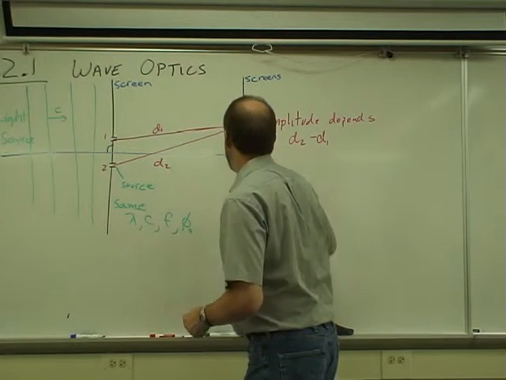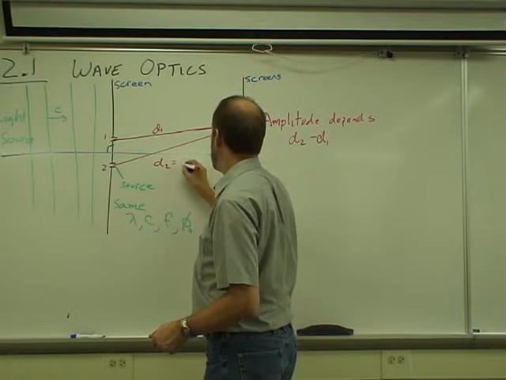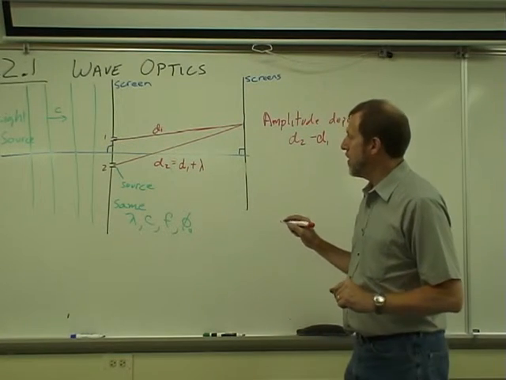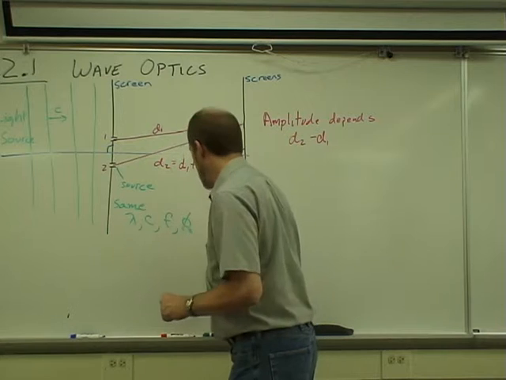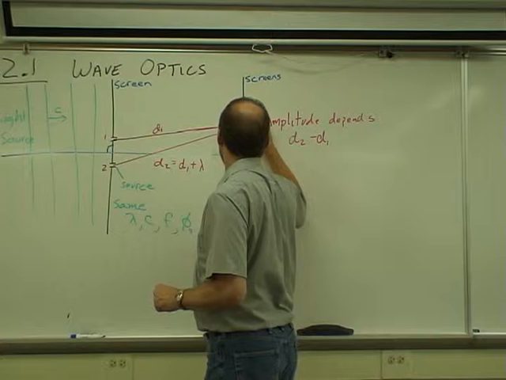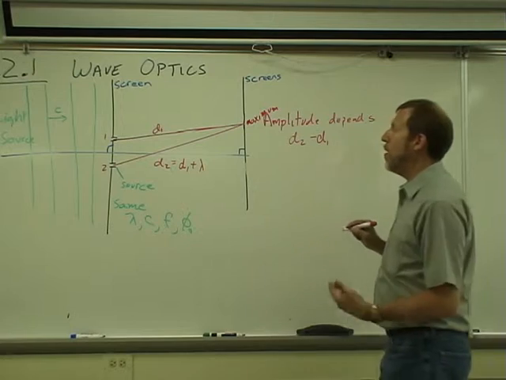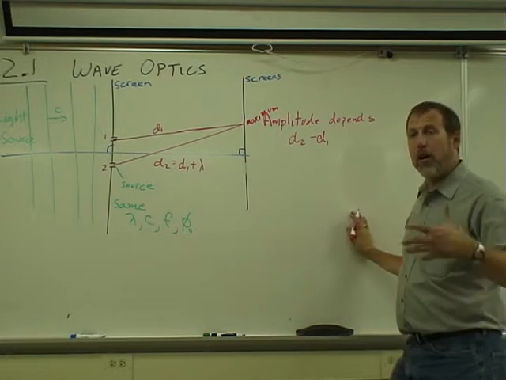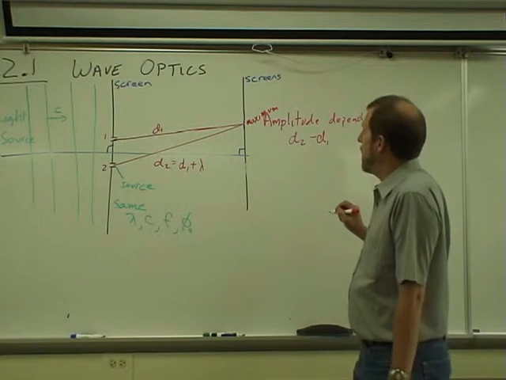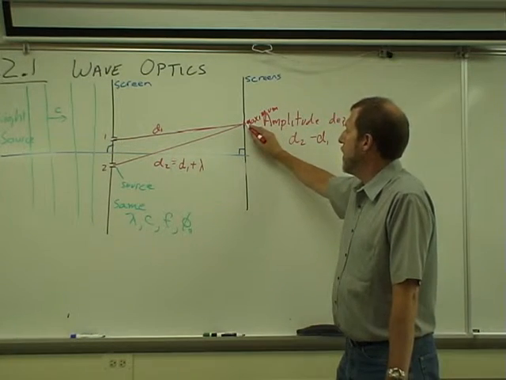If I were to take some case, so this distance d2, say that was equal to the distance d1 plus exactly one wavelength. Well, what would happen here is that right here, those two waves would agree in phase, and so the two maxima would be together, they'd both be in phase, and so they constructively interfere. You would get a maximum right here.